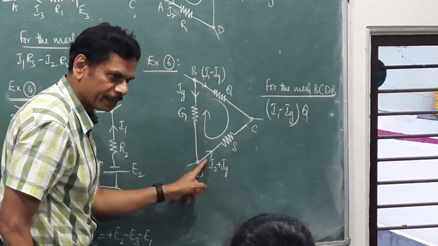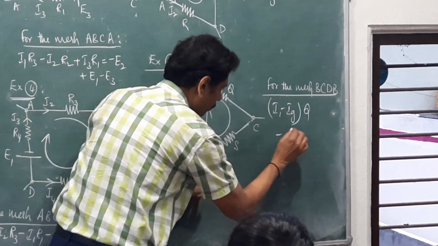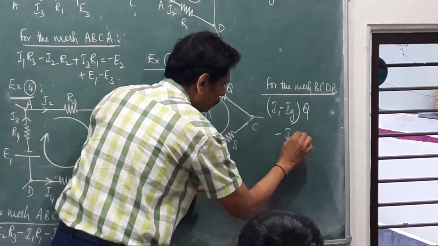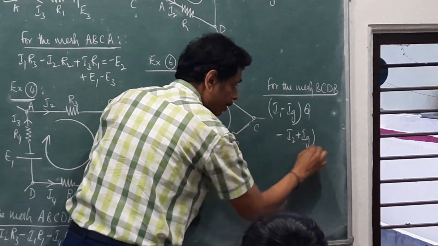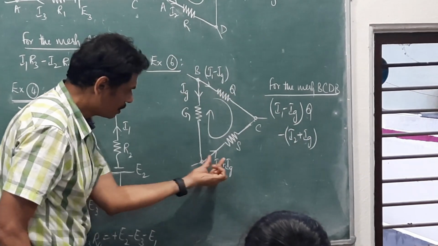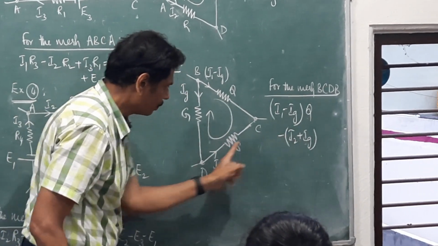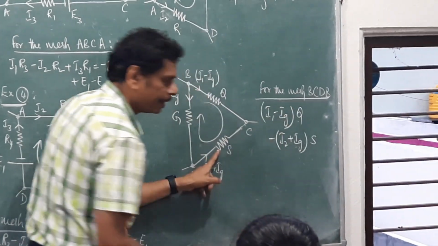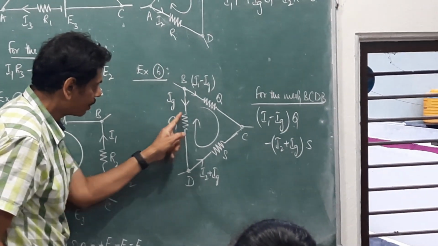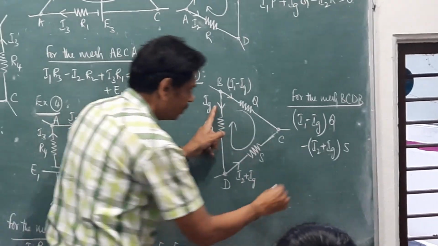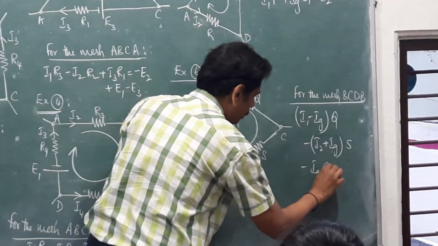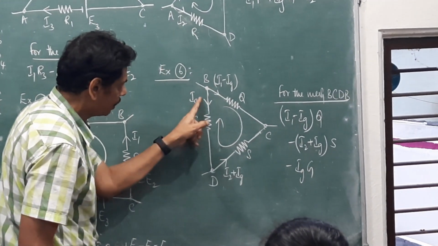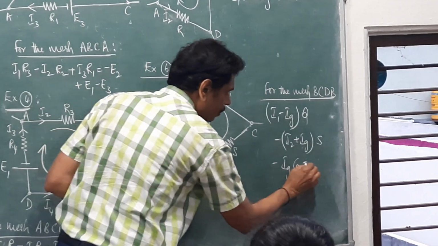This is a minus current here, not negative current. Therefore, it is minus I2 plus Ig. You have to put the bracket, don't forget, because this is the current, but it is negative, into S. Next, it is coming here now. This is minus Ig into G. Minus Ig into G is equal to 0.